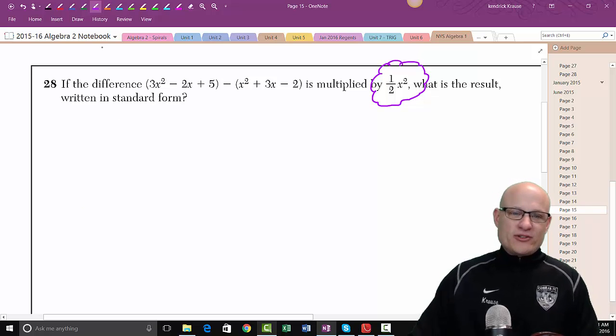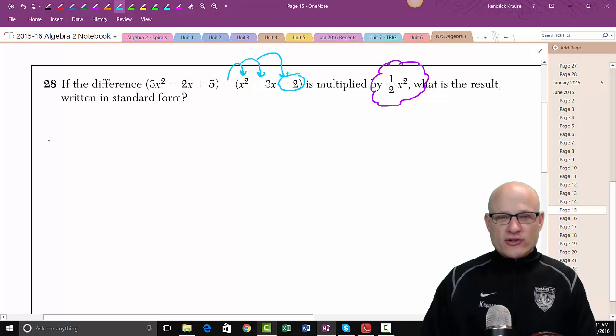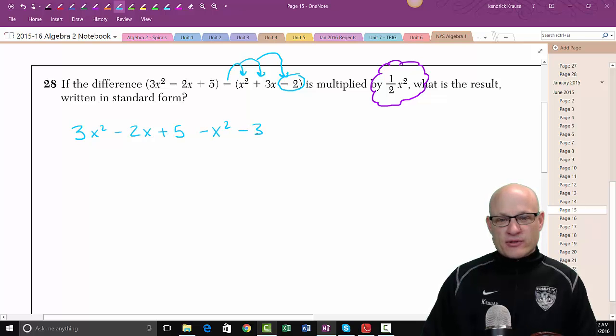Anyway, the one hard thing about this one is you got to remember to distribute this negative. And there's always going to be a negative times negative, so make sure you understand negative times negative is positive. So the first one we'll just copy down, 3x squared minus 2x plus 5, minus x squared minus 3x plus 2.